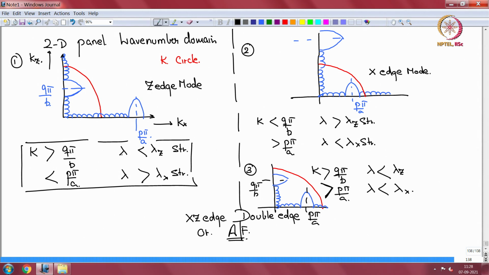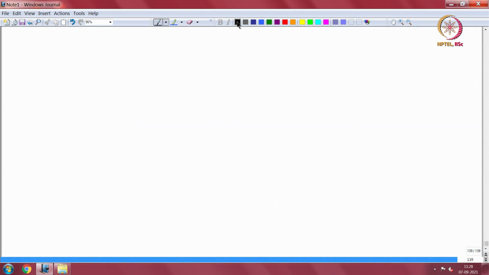In the last case, the fourth case, we have the acoustic circle and the p pi by a peak lies here, the q pi by b peak lies here.